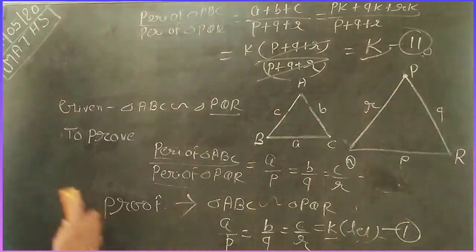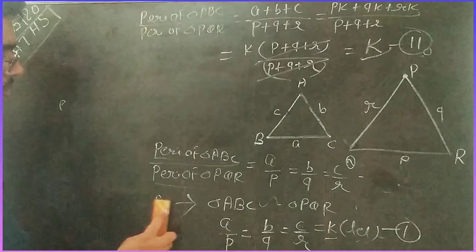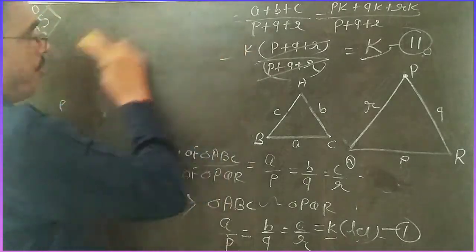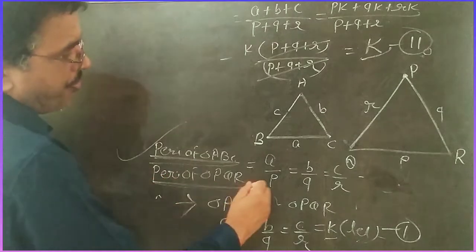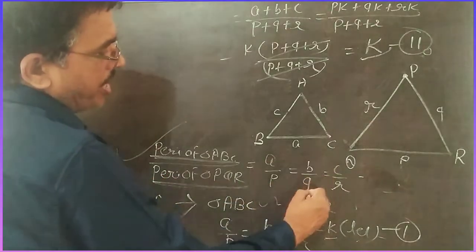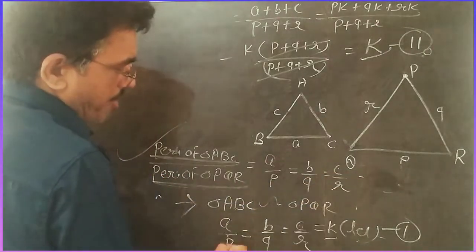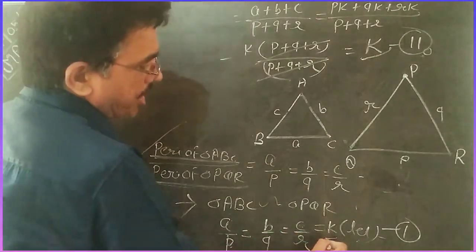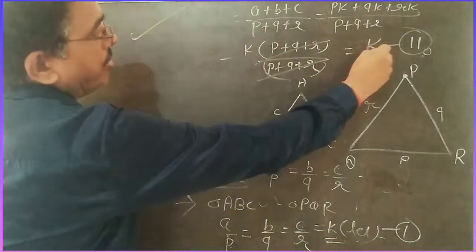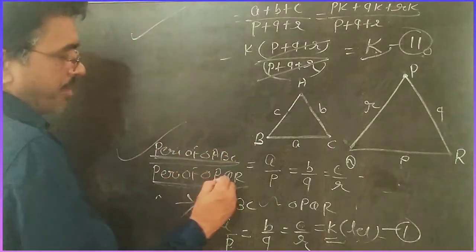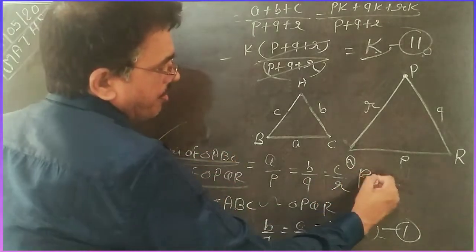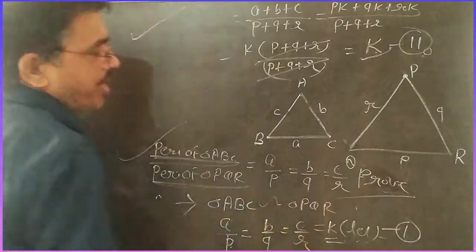So you write the perimeter of triangle ABC by perimeter of PQR is equal to a by p, b by q, c by r, because a by p, b by q, c by r is equal to k and the perimeter ratio is also k. So perimeter of ABC by perimeter of PQR is equal to a by p, b by q, c by r. Good.